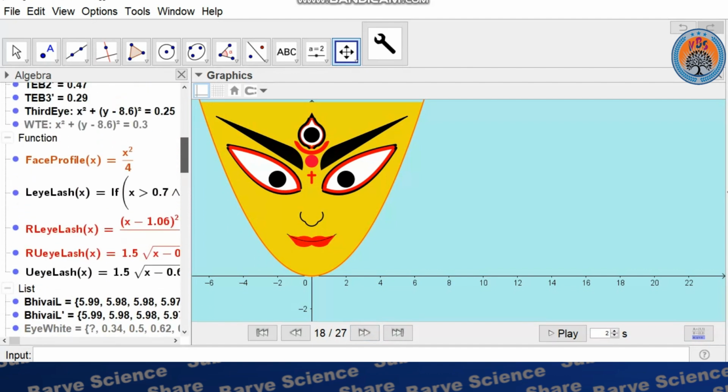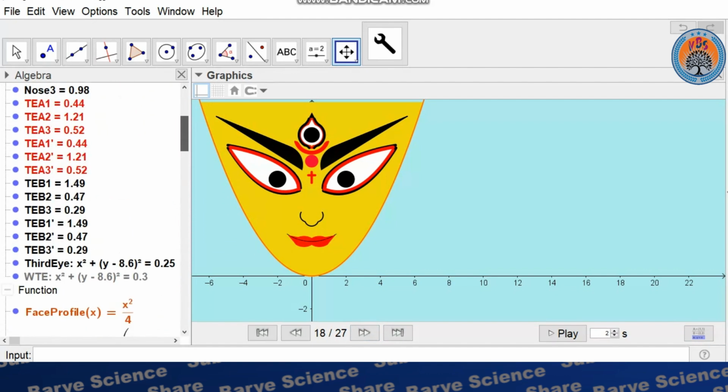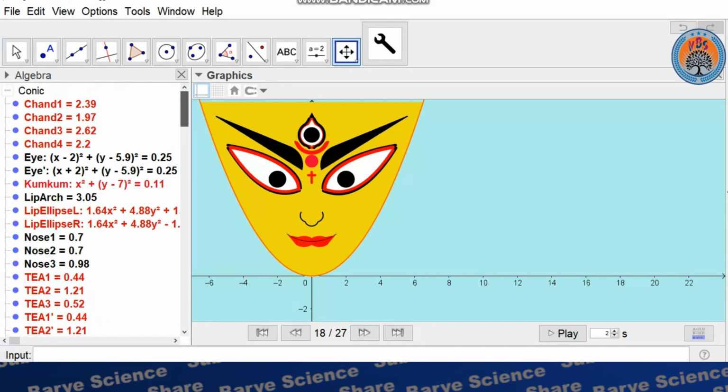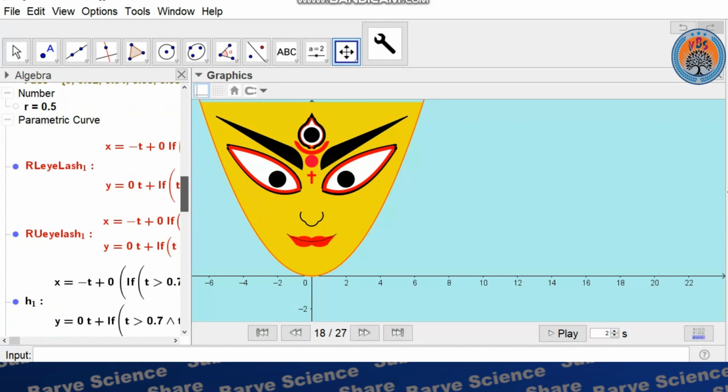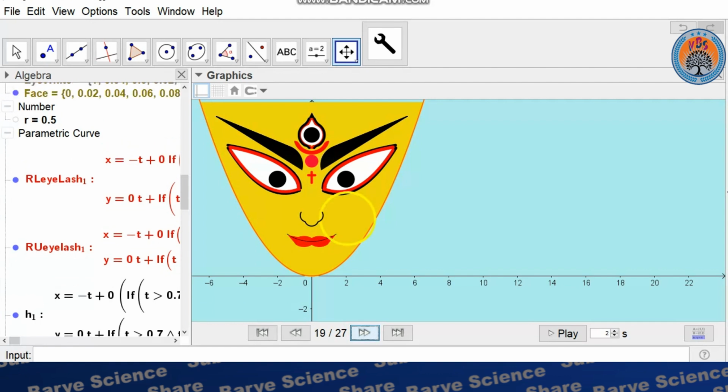So we got 3 pieces of ellipse here, and that makes the nose. Okay, so you have got this nose, the 3-part ellipses. Then comes the nathani.